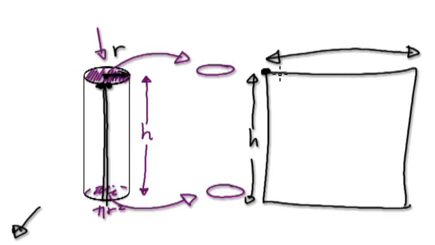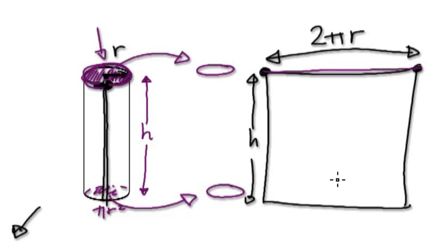This is our starting point here, and if you cut it along here, this is the other end of the bit that you cut. The distance around the circle, which is the circumference, is the same as for this. So this distance here is 2 pi r.